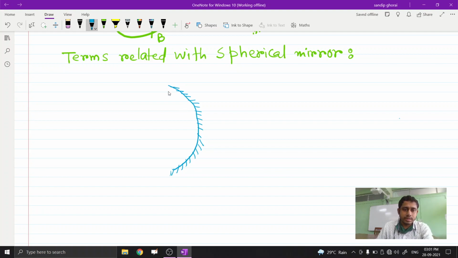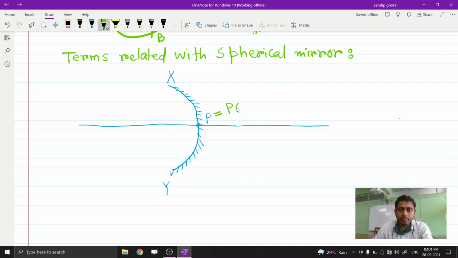We take two extreme points, X and Y, and the midpoint of XY, through which we draw an imaginary line exactly perpendicular to the mirror surface. This point P is known as the pole. The pole is the midpoint of any spherical mirror.